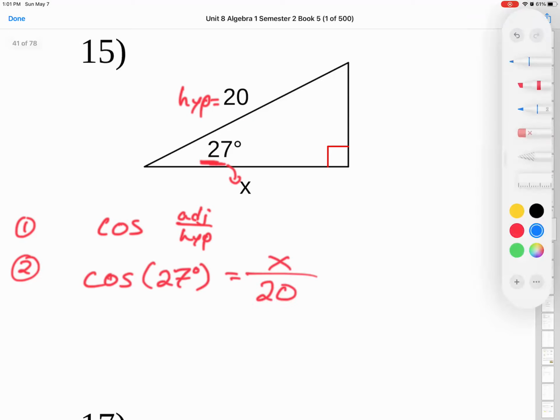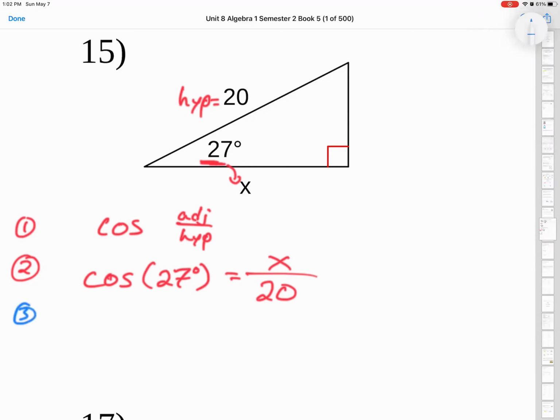Now, step three is like, great, now let's solve for it. So we're going to multiply both sides by 20, get x all alone. Those 20s cancel, so x is all alone. Equals 20 cosine of 27.